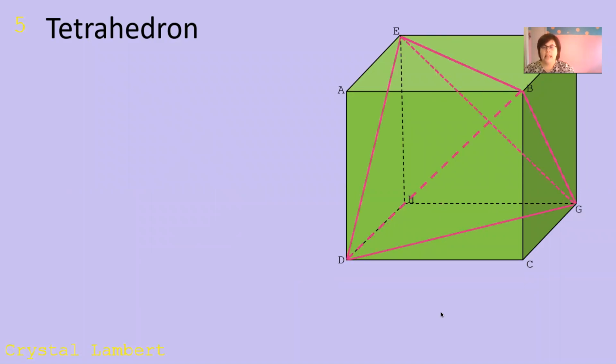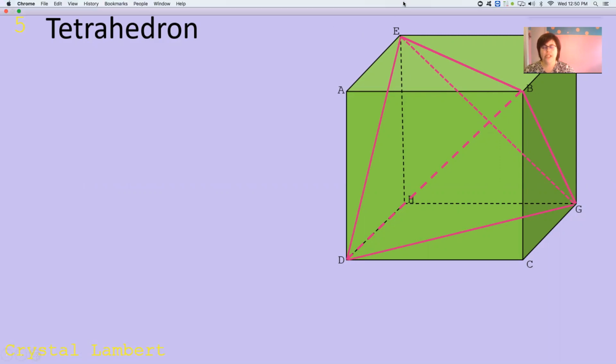We take our line segment from D to E for our tetrahedron, and then we have E to G, E to B, and B to G. This shows all the faces of our tetrahedron, and remember the dotted lines show us things that are further back. In this way, none of the faces of our tetrahedron are flush or flat up against our cube.